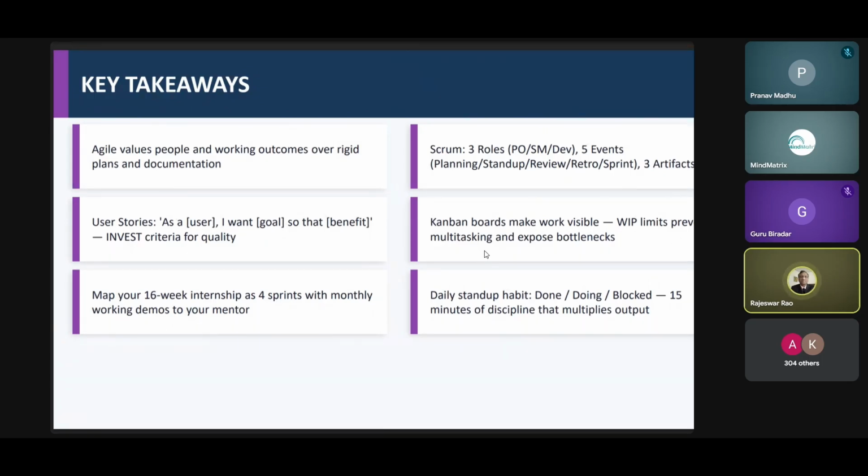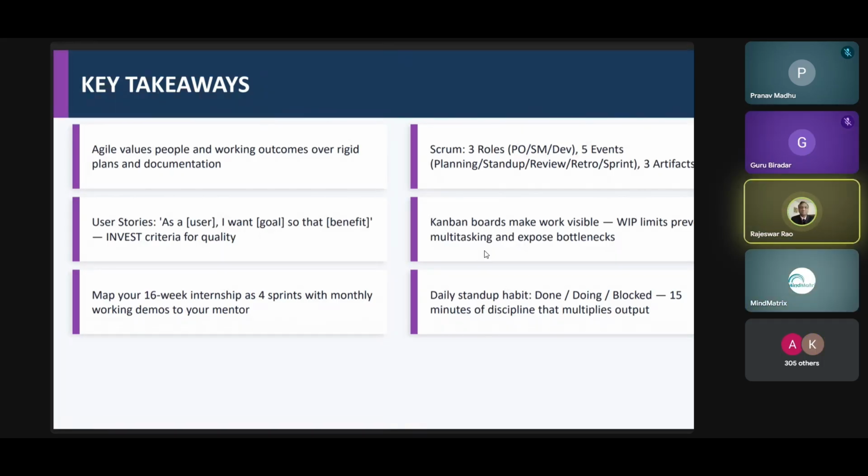Please understand that this internship project is not just developing an app. That is only, for me, it's only 30% of the job. The remaining 70% of the job is to understand the entire process, agile frameworks, the various tools, the modeling tools, the workflow tools, the visualization tools. Everything is required as a part of your project.